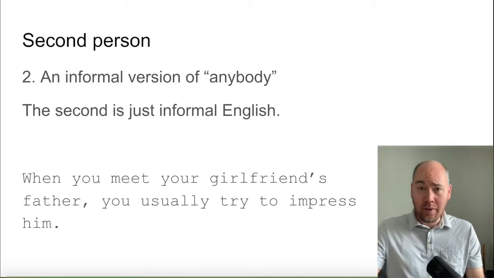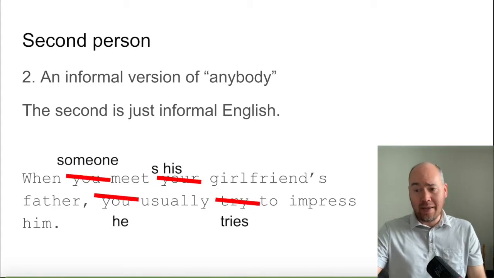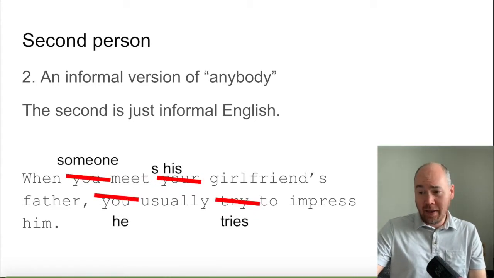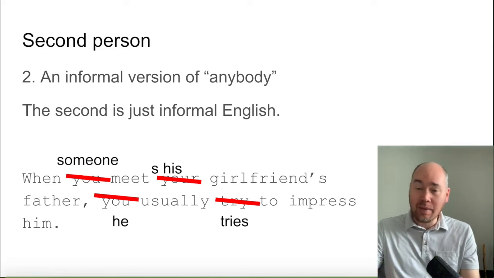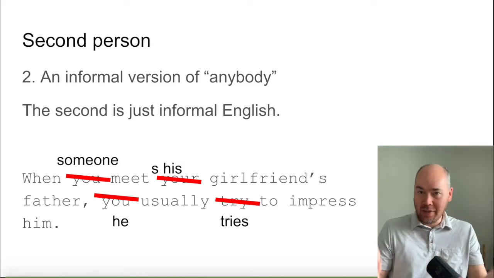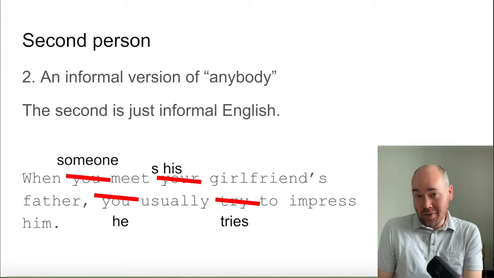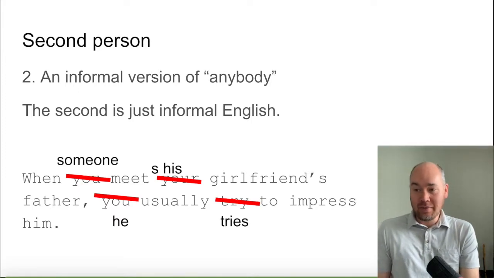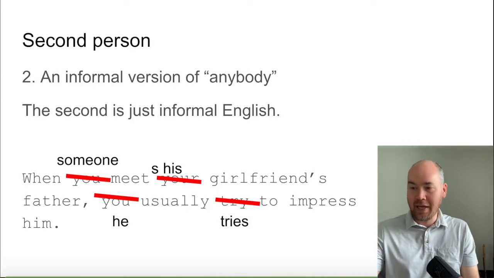But they use you, and you makes it sound really casual. So we're going to replace you with someone, right? And you have some freedom here. And it's probably better to choose a word that's specific to what you're talking about instead of just the word someone or anyone. But you definitely don't want to use the word you here because you is very casual, especially the you that means anybody is very casual.